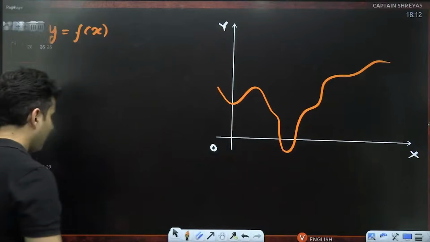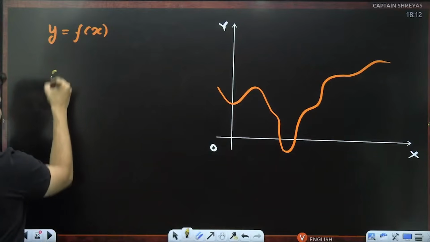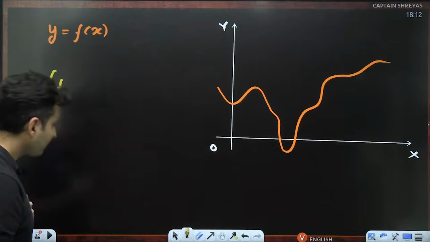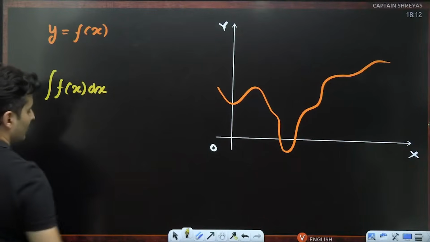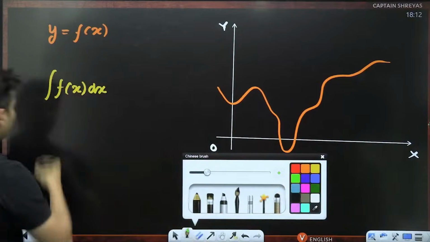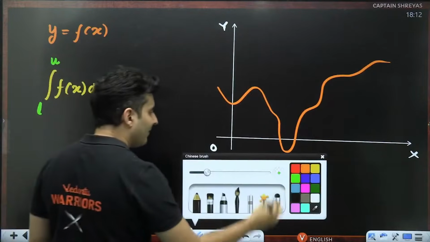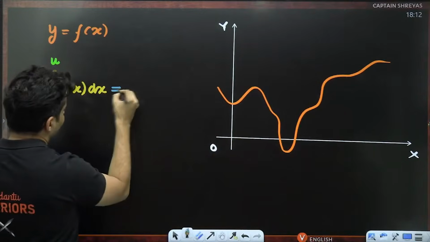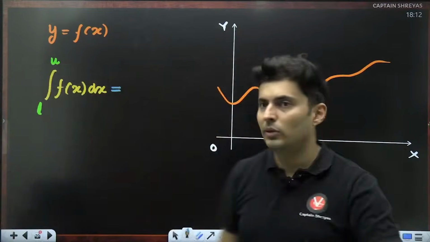Then when I integrate this function with respect to x, but with limits, let's say lower limit and upper limit, the final answer that I get is represented in the graph as follows.